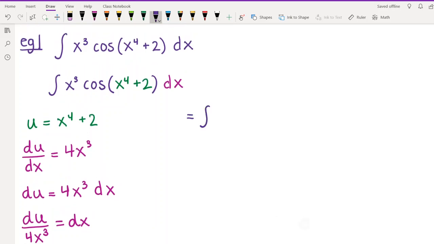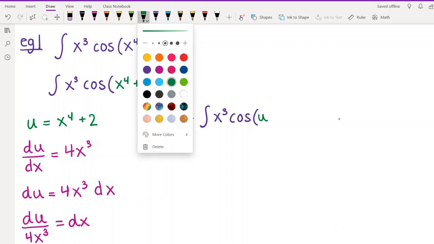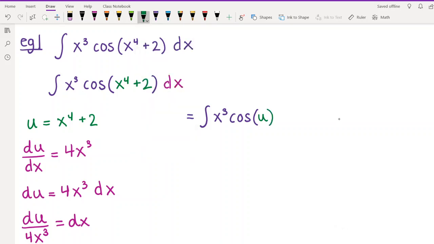So we can rewrite this as x cubed times cosine of u. And then we can replace dx with du over 4x cubed.